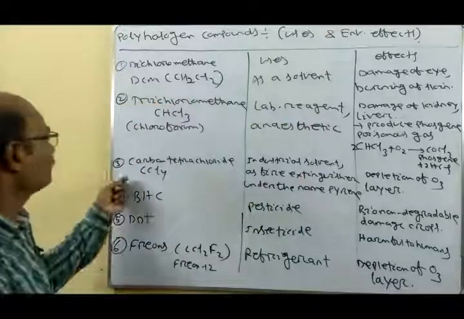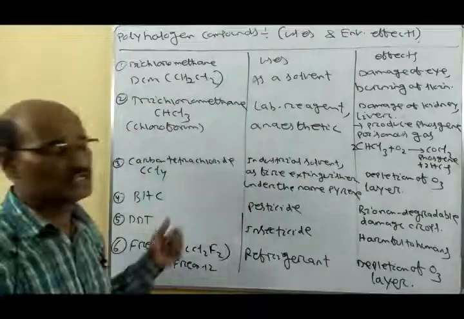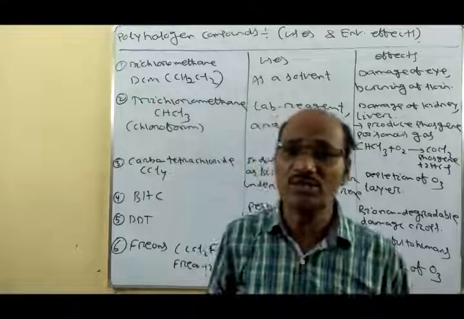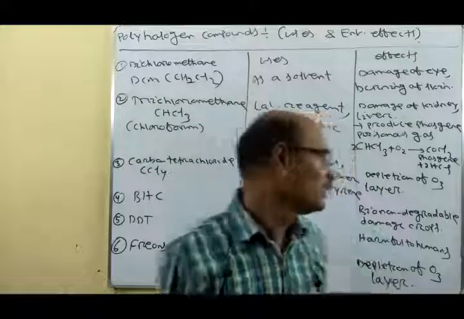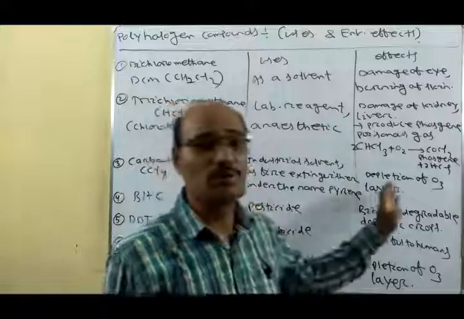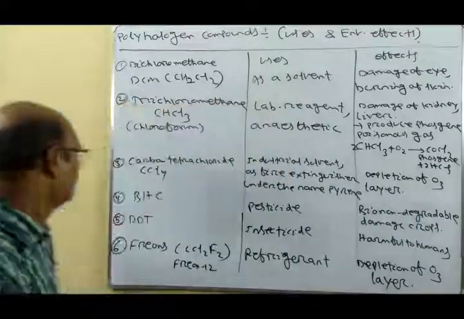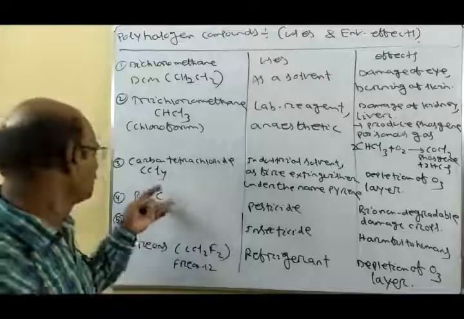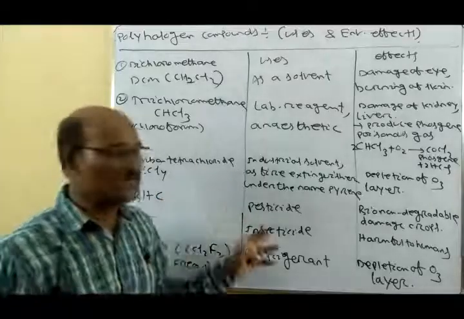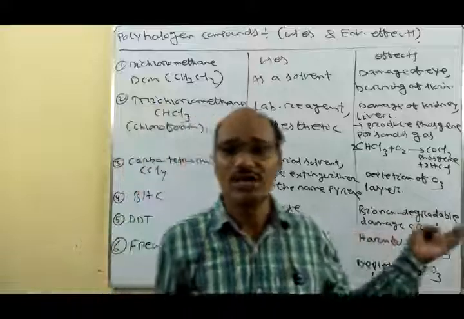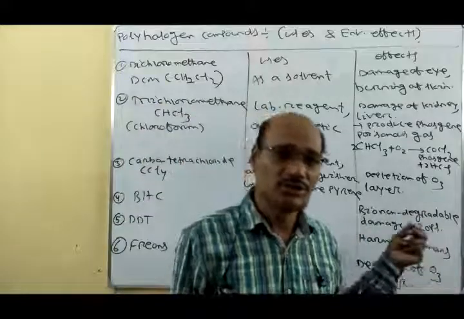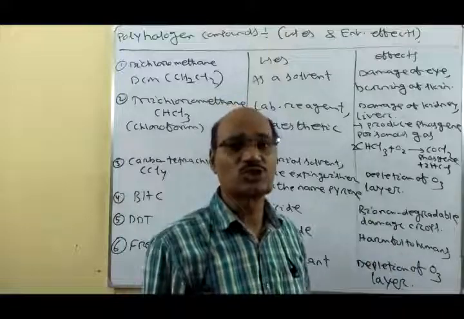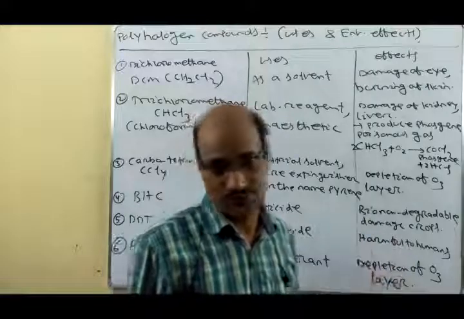Now another one, we can take carbon tetrachloride CCl4. This can be used as a fire extinguisher under the name pyrene. This can cause depletion of the ozone layer. Now benzene hexachloride, BHC, can be used as a pesticide. It is non-biodegradable, causes environmental degradation, and also damages crops.